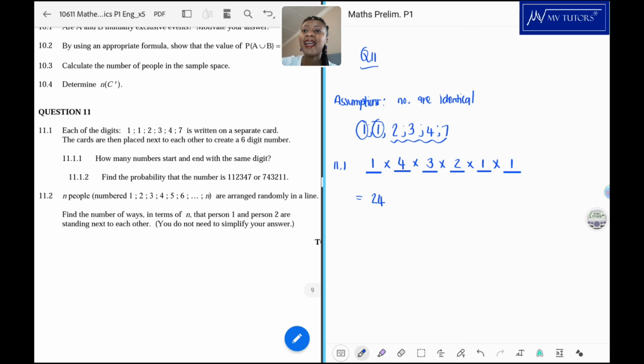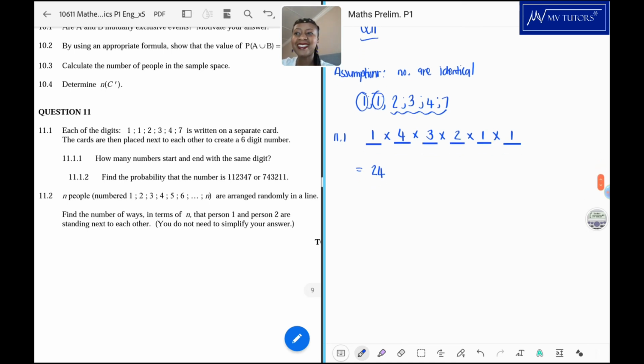Had I assumed that these numbers are not identical, that they are actually different, then you would calculate it in a different way. How would you calculate it? Well, if you were to assume that the numbers are different, you still have 6 options available.